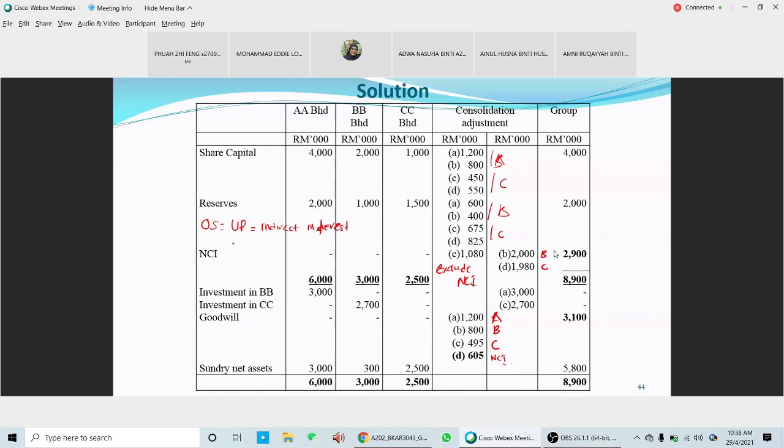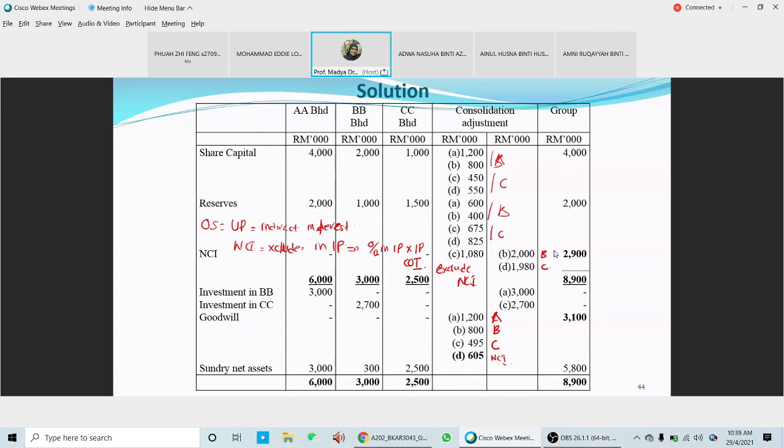And then for the NCI here, we need to exclude the NCI in the immediate parent. So how am I going to calculate that one? The percentage in the immediate parent times the immediate parent COI. Okay, so that is what we have.